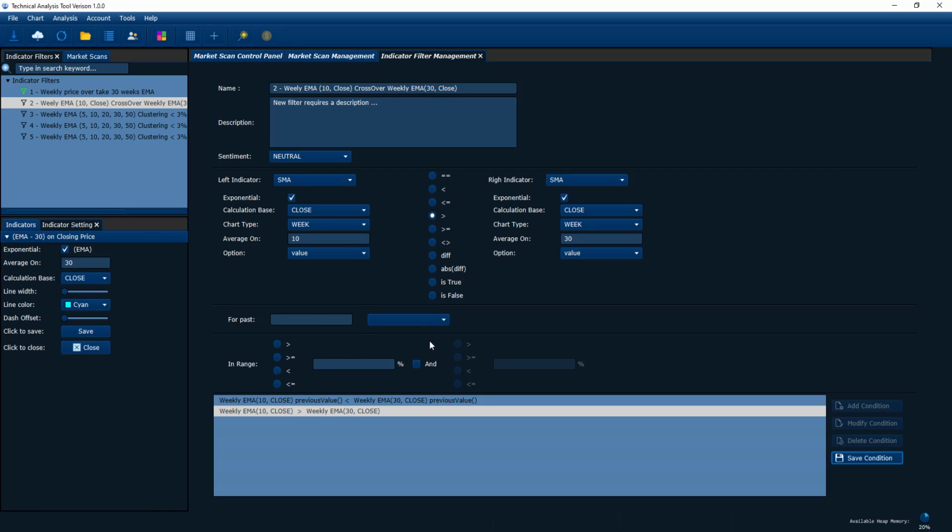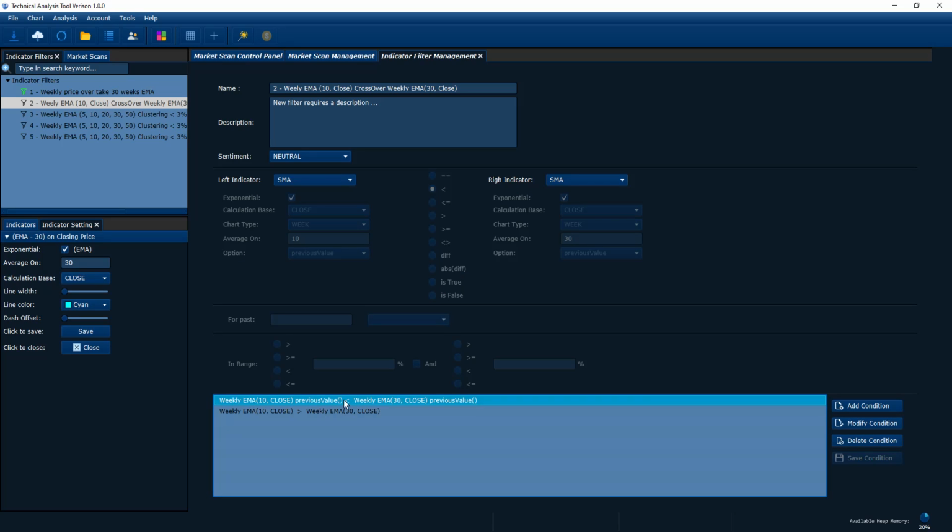This one is exactly looking for a trading signal, because if you're using a pair of moving averages to generate a signal, the fast moving average we used here is a 10 weeks EMA, and the slower moving average is the 30 weeks. So we compare this 10 weeks EMA with the 30 weeks EMA.